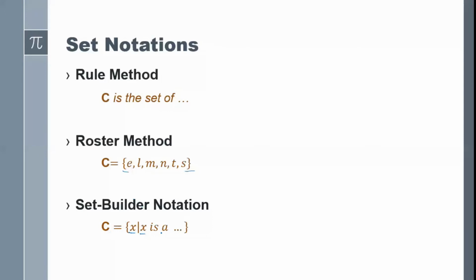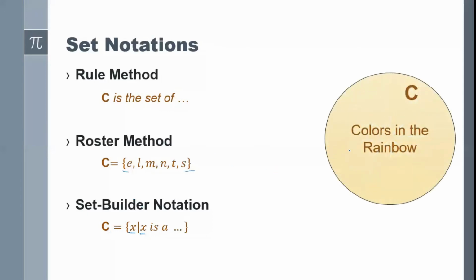Let's have this example. I have here a set. The name of the set is C, and C is the set of colors in the rainbow. How do we write set C using the rule method? We have to follow this pattern: C is the set of, something like that.